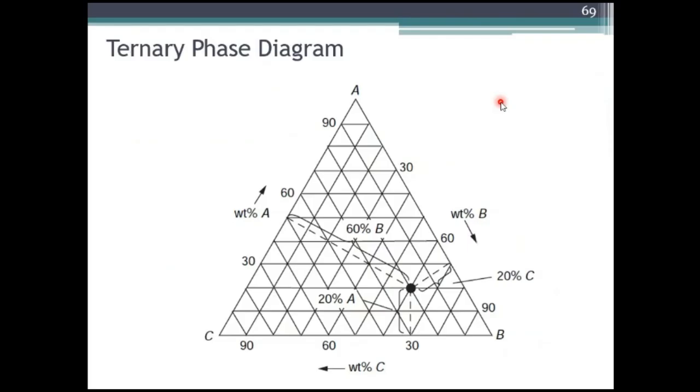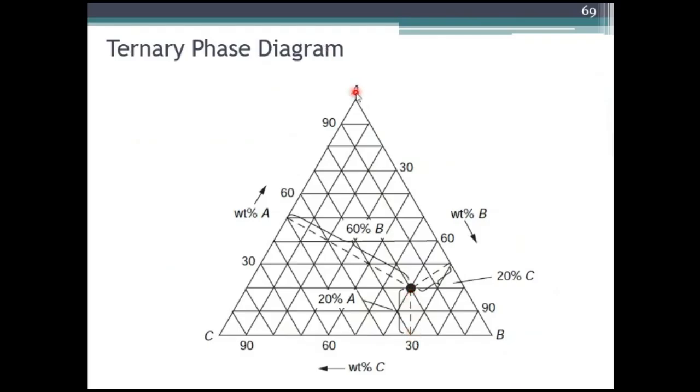This is a ternary phase diagram. A ternary phase diagram is used if you take three metals to mix and form an alloy. If you take this point, from it we can analyze the percentage combination of each.